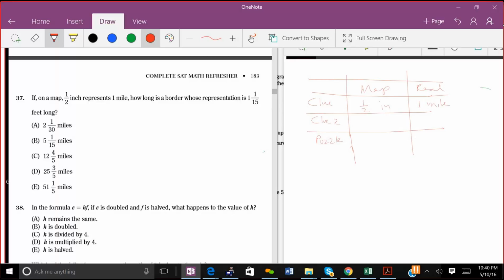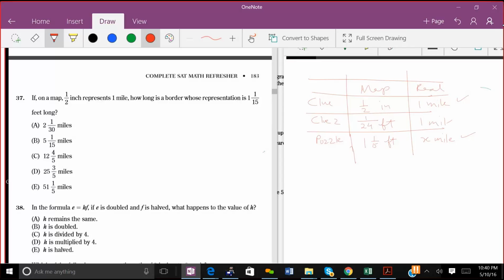And the puzzle is: 1 and 1/15 feet is X miles. This inch and foot are different, so you need to convert this to feet. You divide by 12, so it's 1/24 feet is 1 mile.